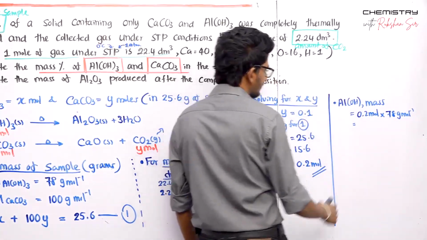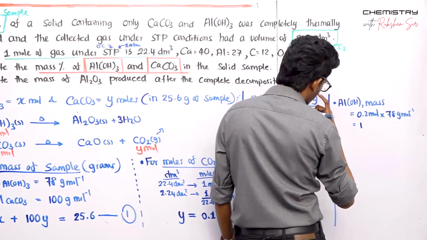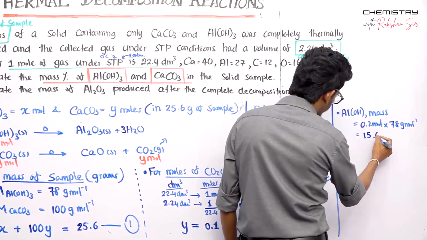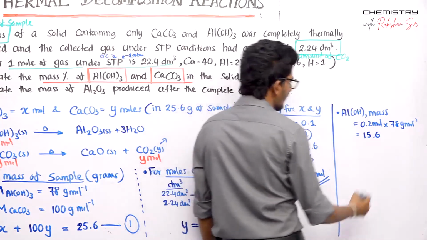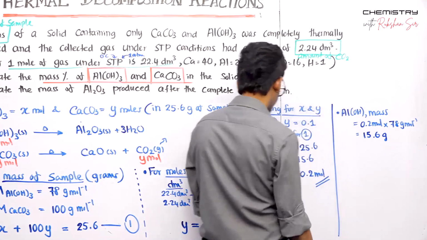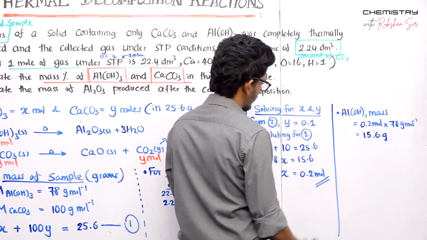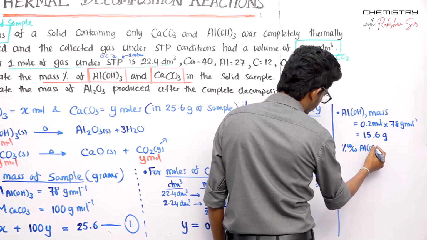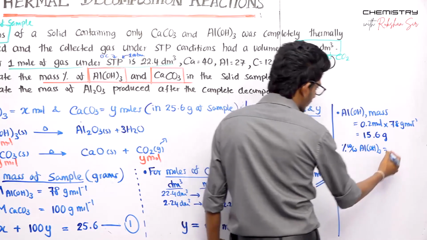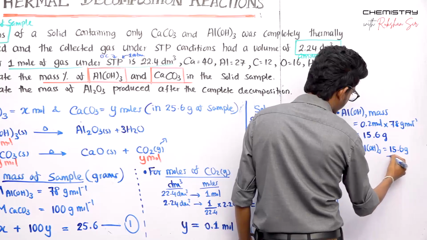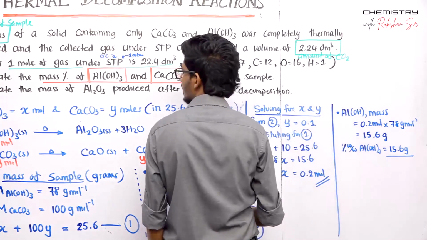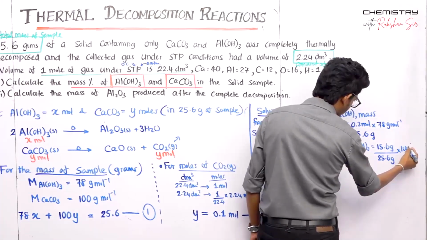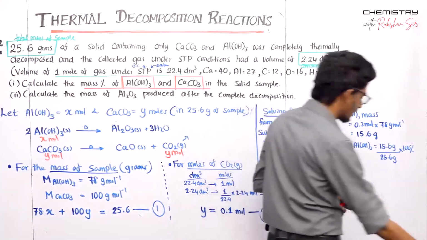So it is going to be 15.6 grams. So the percentage of aluminum hydroxide is equal to 15.6 grams divided by the total mass, 25.6, into 100.